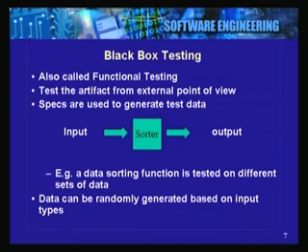Once you know the types of inputs, you can generate random data, and these random data can detect some class of bugs. So black box testing essentially looks at the modules or the given artifact as a black box, and you generate test cases based on the input and output, the input to the black box and the expected output behavior from that black box.